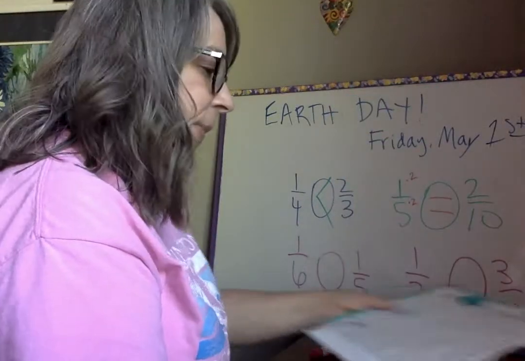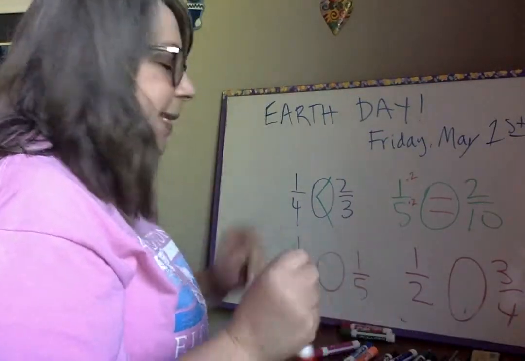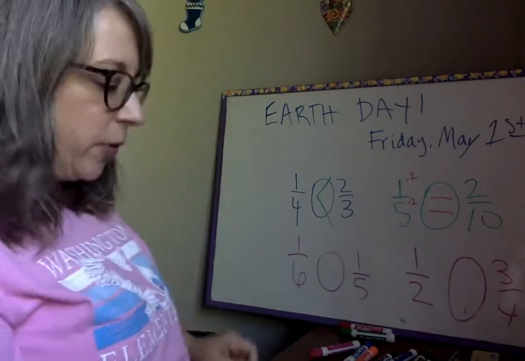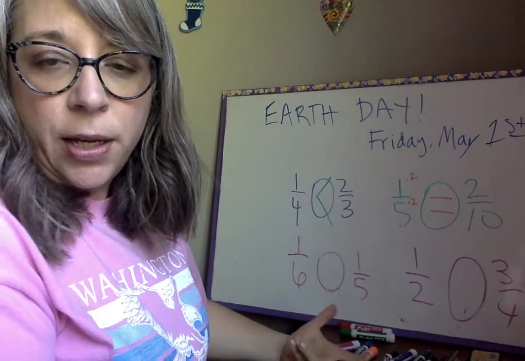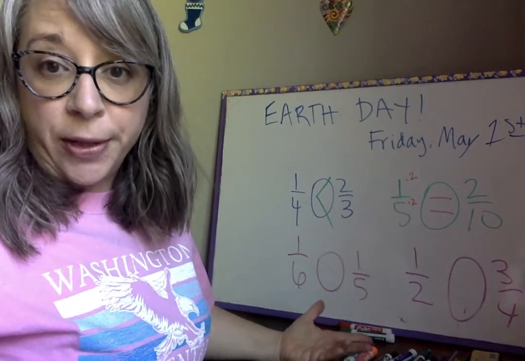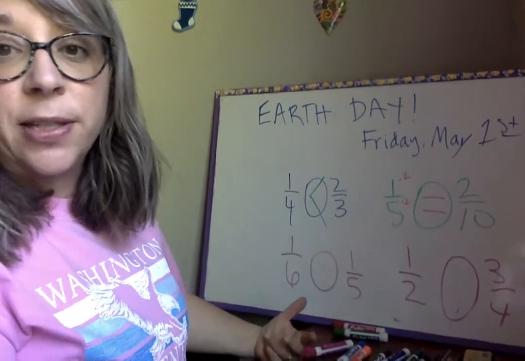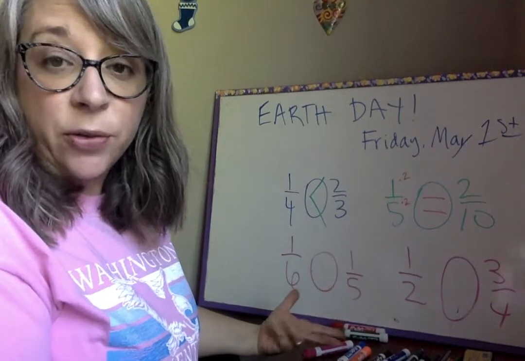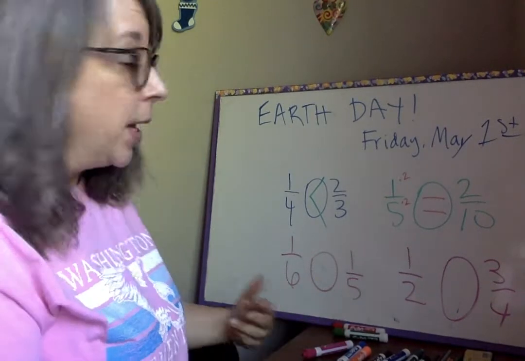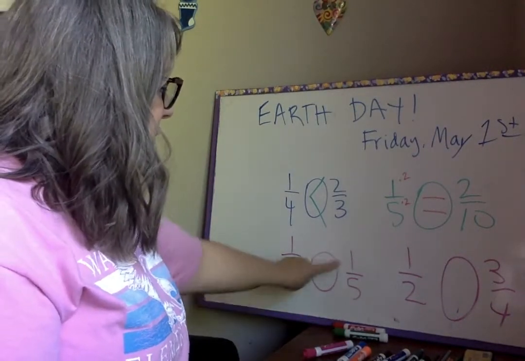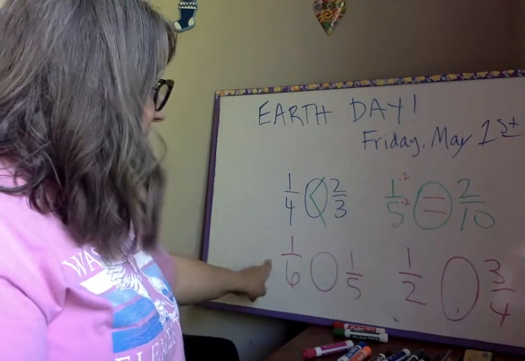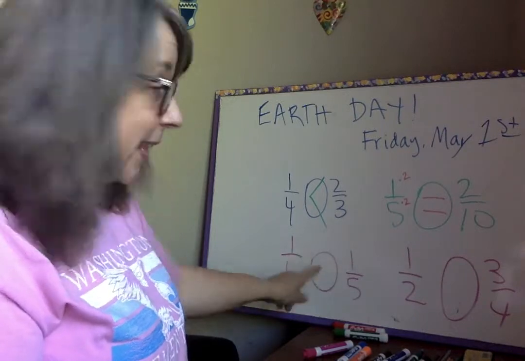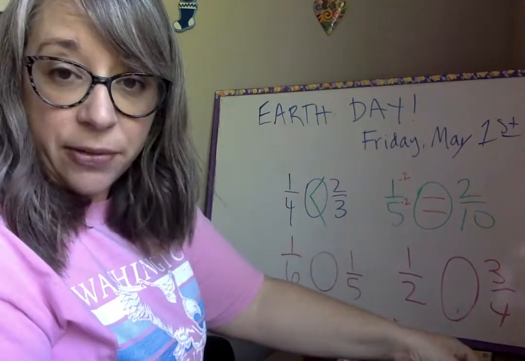Okay? All right, let's do another one. 1/6 and 1/5. Whenever we're looking at fractions, for the most part in the math world, usually the bigger number is the biggest. But when you have fractions or are working with tenths and hundredths, that's not true. So whenever you see 1/6 and 1/5, you may think, oh gosh, I bet 1/6 is bigger because that's a 6, and that's a 5, and 6 is bigger than 5.